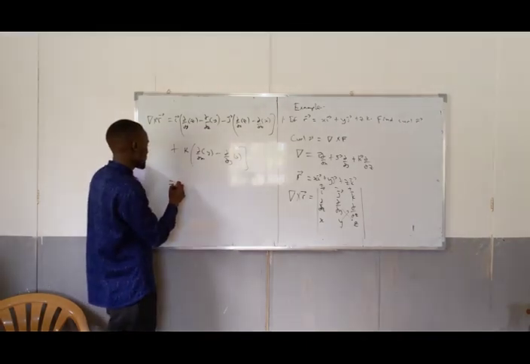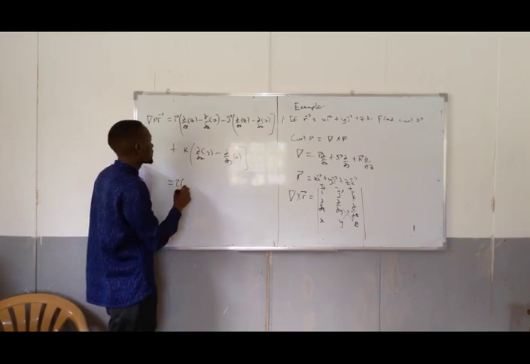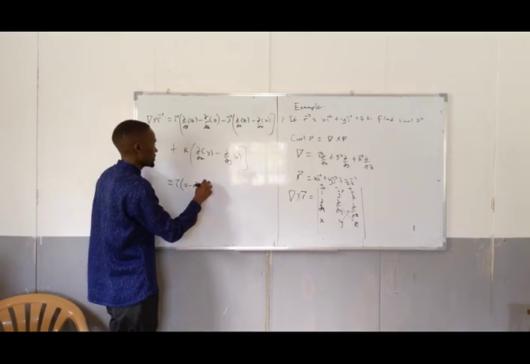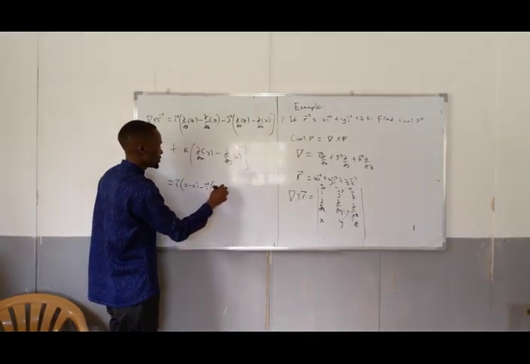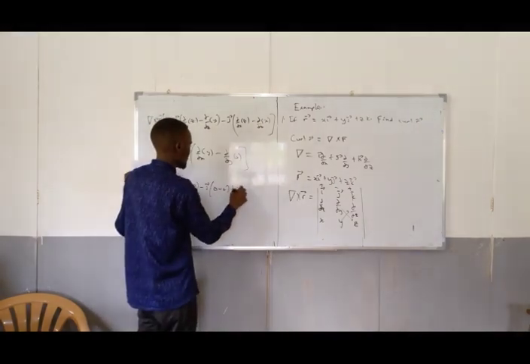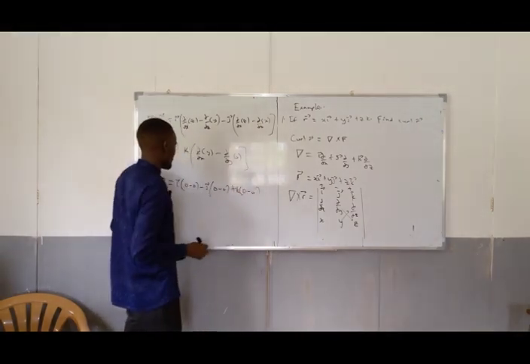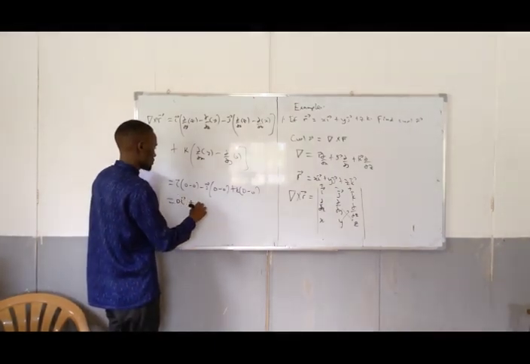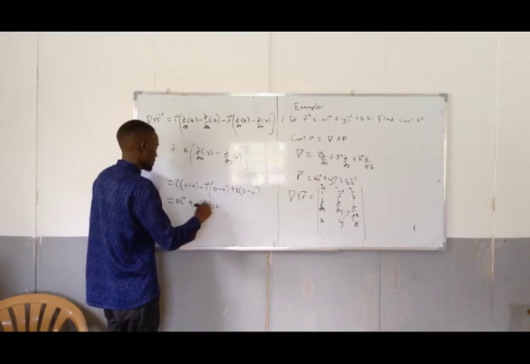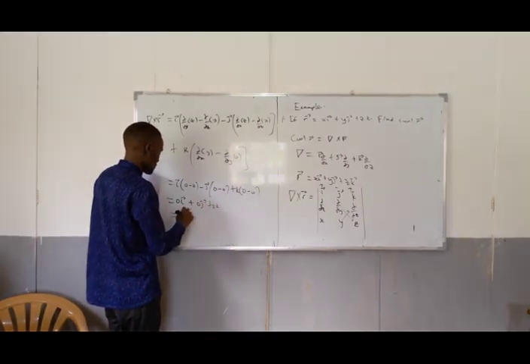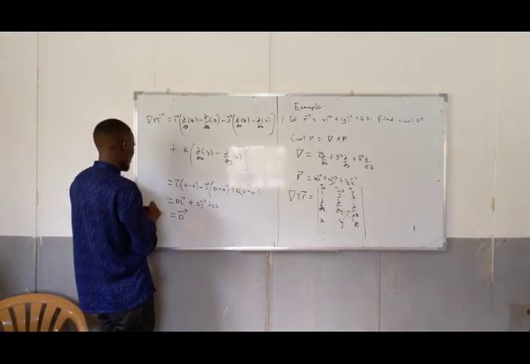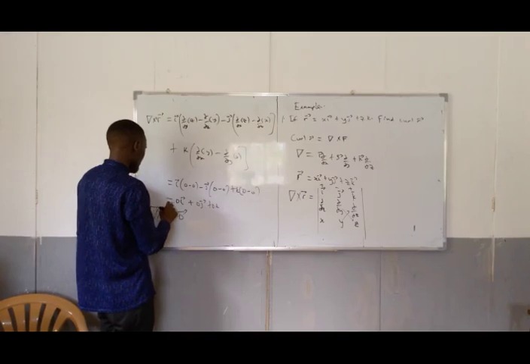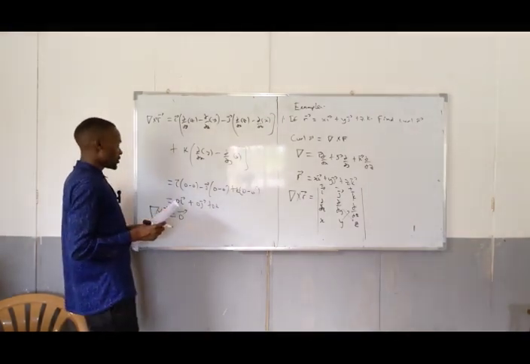So now we shall be getting 0 minus 0 minus j times 0 minus 0 plus k times 0 minus 0, which is the same as 0i plus 0j plus 0k, which equals 0. That means now the curl of R equals 0.